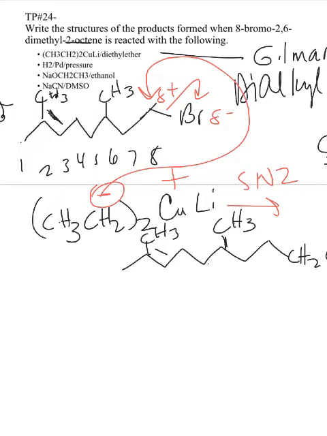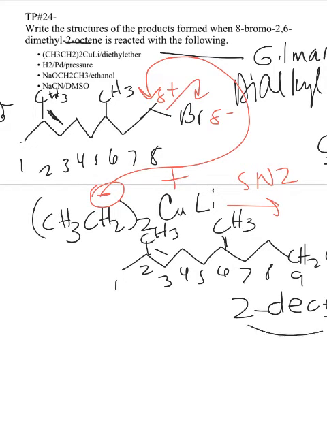And I like to name these after I draw them. So in this case, if it's good practice, you should too. So that is decane, but it's decene, and that's on carbon number 2. And you still have the 2,6-dimethyl.